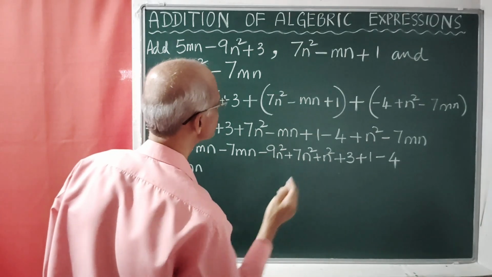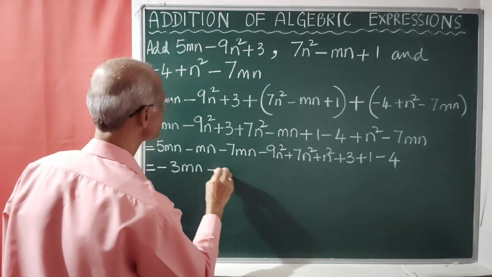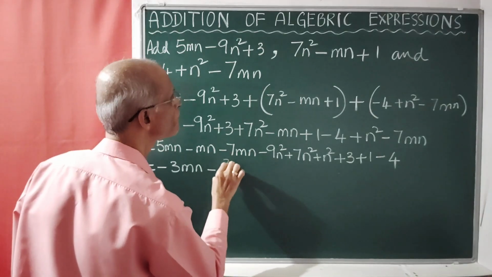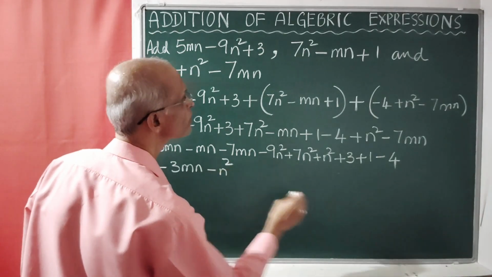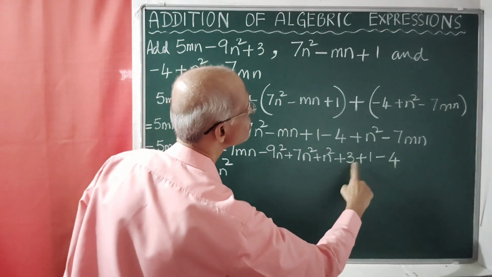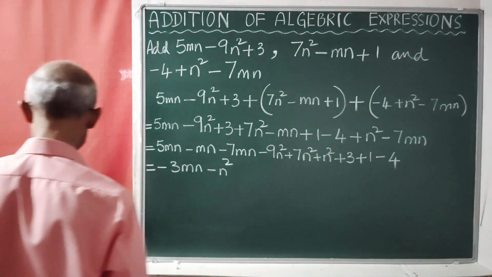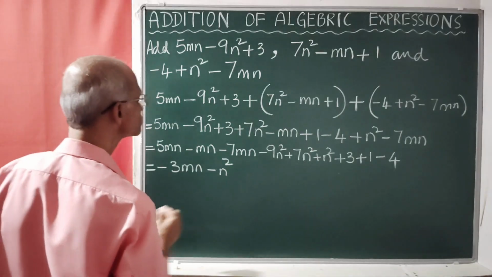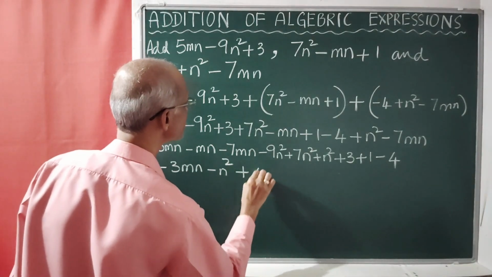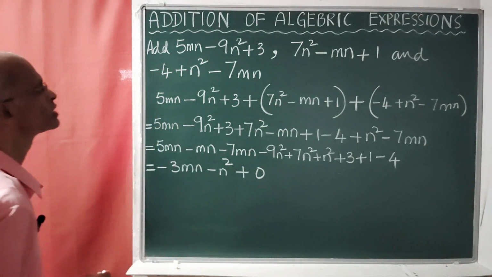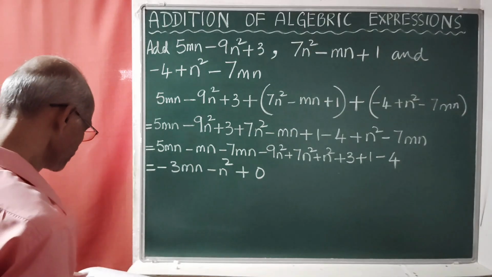So minus 9 plus 8, we will get minus n square. Here 3 plus 1, 4. 4 minus 4 is 0. So the sum is solved here.